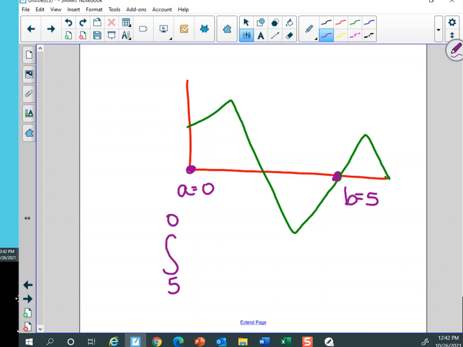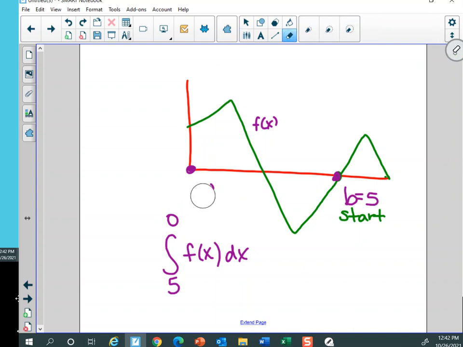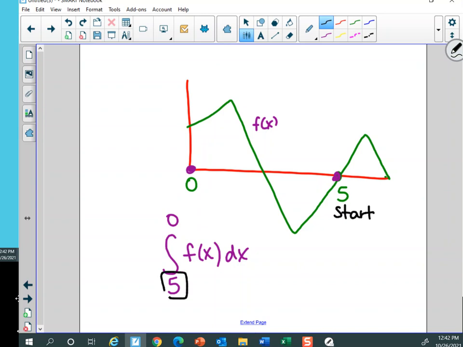This is my f of x curve, that green thing. If the integral looks like this, let's say that this is 0, and this is 5, and that's the integral I want you to do. That means I'm considering this the starting point and this is the ending point.